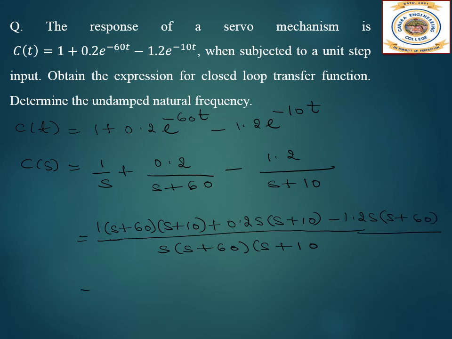Open up the bracket and solve this. The numerator we get as 600 divided by S into S plus 60 into S plus 10.